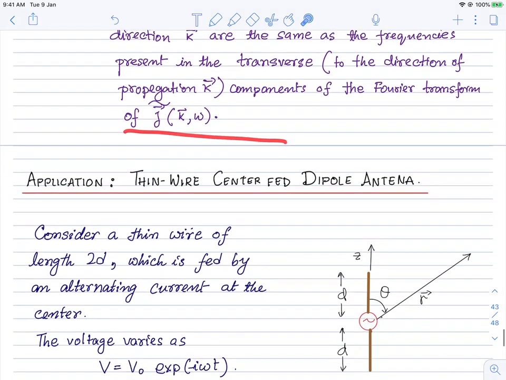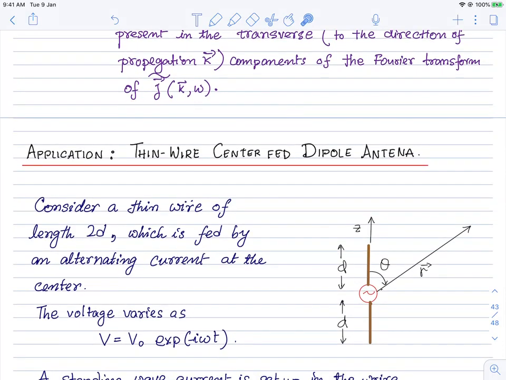Right. So now we are in a position to discuss the simplest form of an antenna. It's called the thin wire center-fed dipole antenna. Why thin wire? Because if the wire has some dimension, then there are complicated surface effects that one needs to discuss.